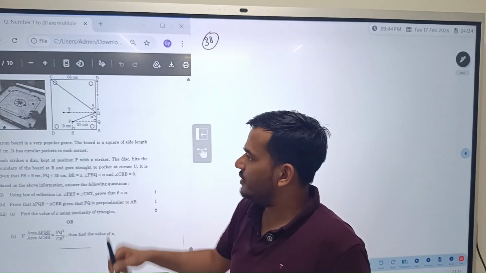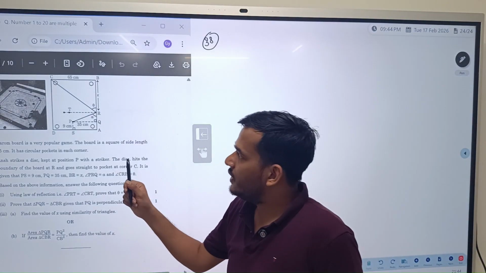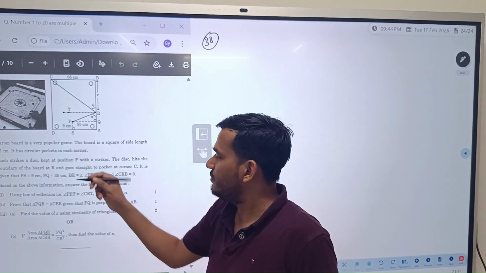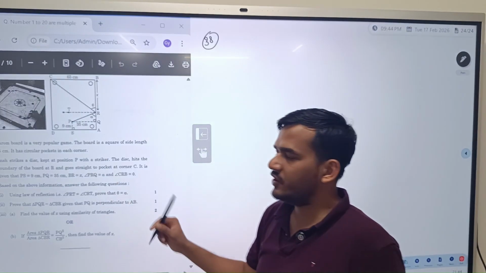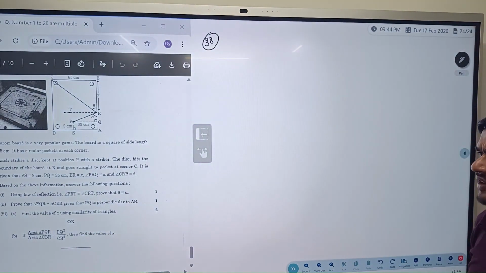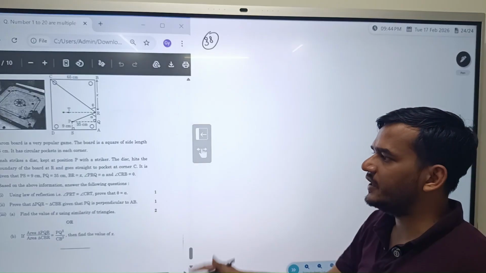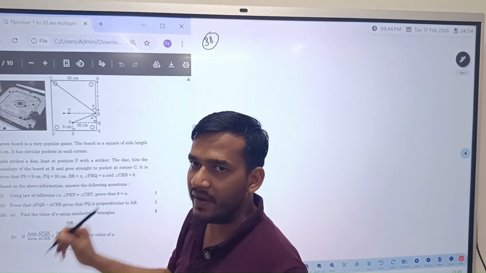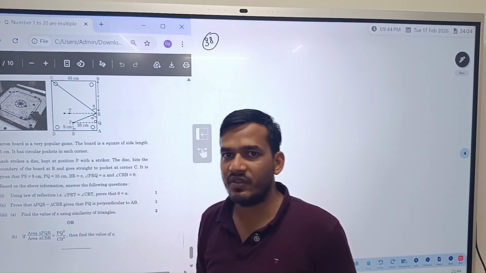Here TR is the normal, and since the triangle follows the laws of reflection, angle PRT is equal to angle CRT. That is already given in the question: the incidence angle is equal to the reflected angle, both measured from the normal.